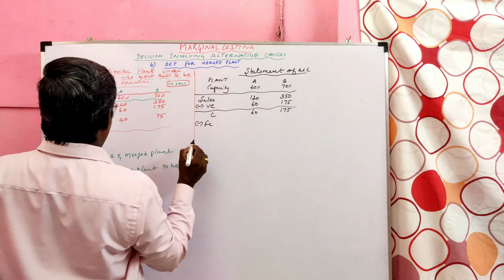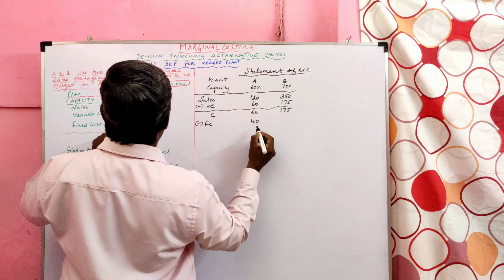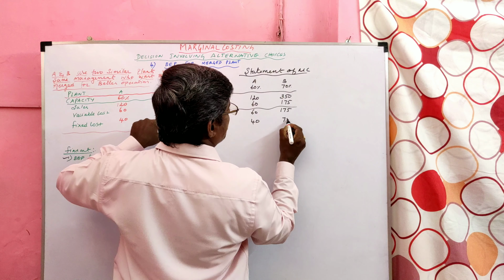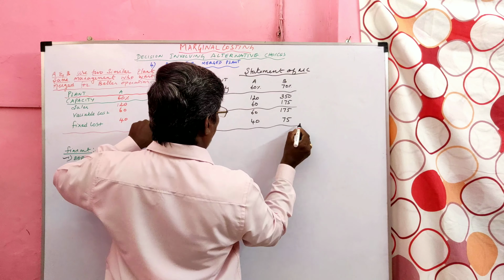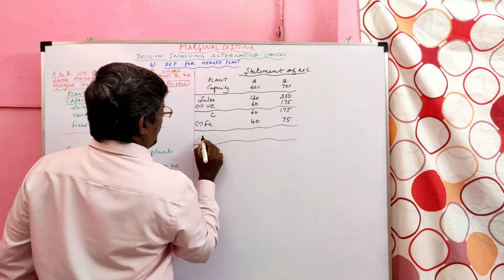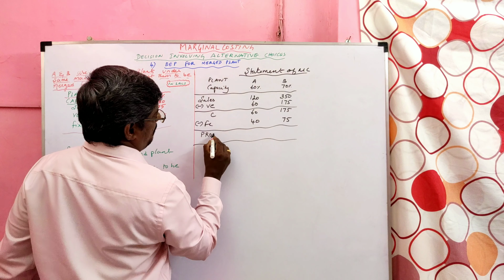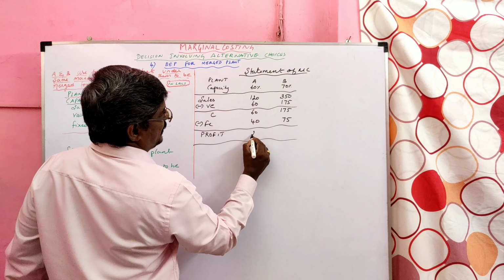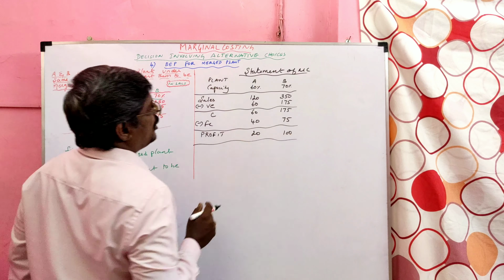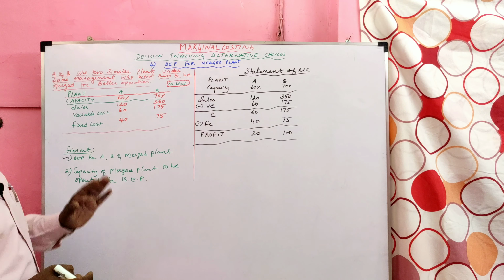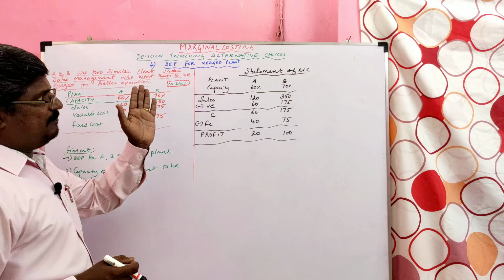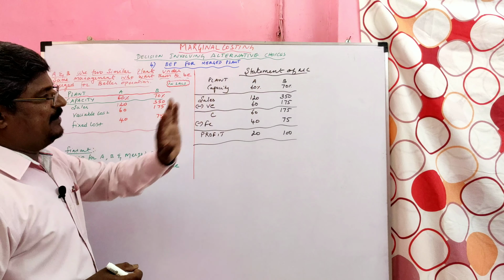Minus fixed cost 40 for plant A, 75 for plant B. Profit 20, 100. Now we prepared the statement of marginal costing for plant A as well as for plant B.